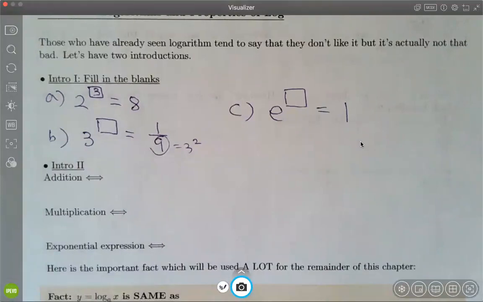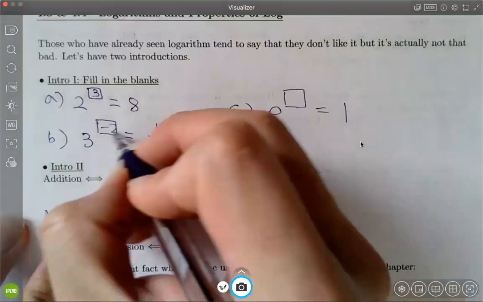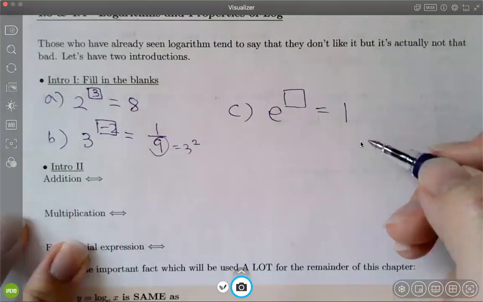What has to go into the second blank? -2. Okay, -2.